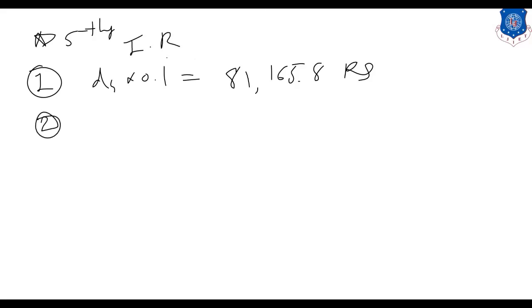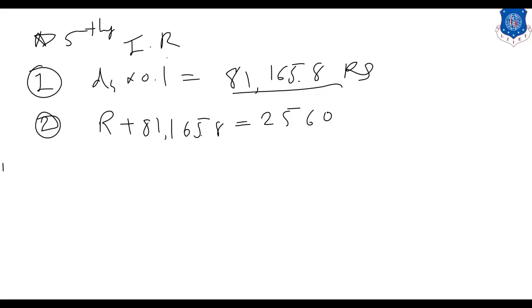Now for step 2 we have to find out the increase in fund value, which is given by R plus this value, 81,165.8, which gives 2,56,053.5.